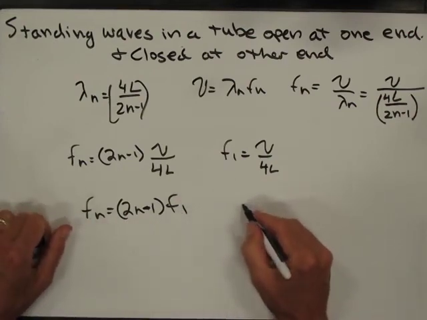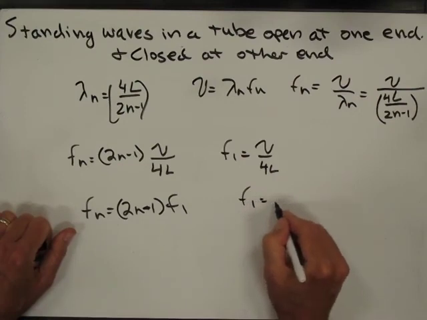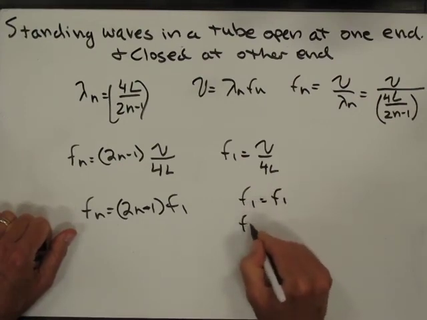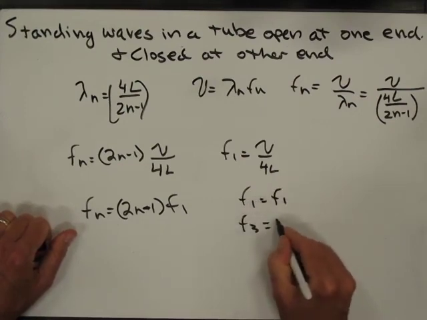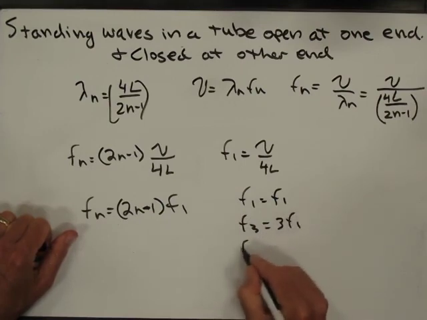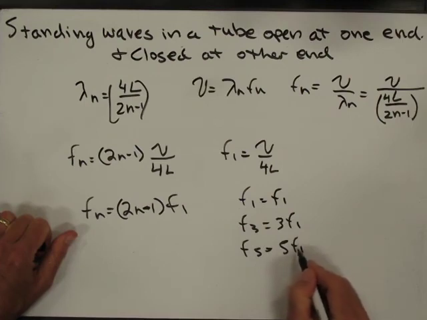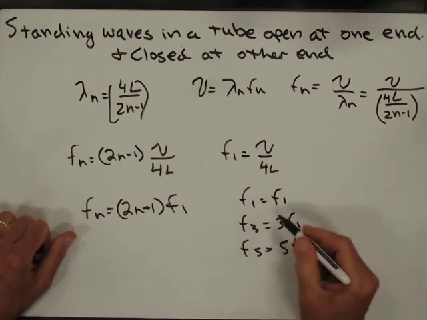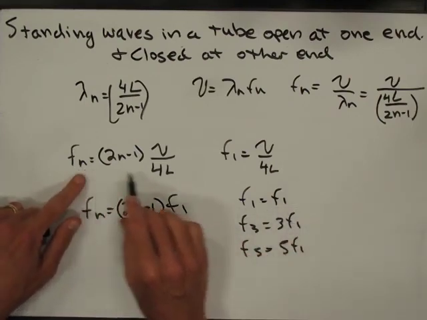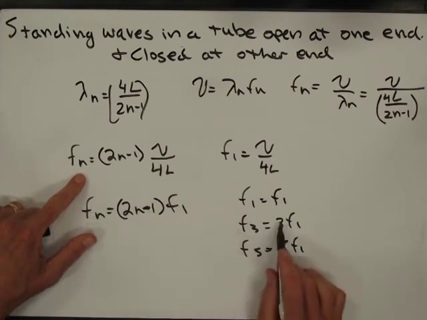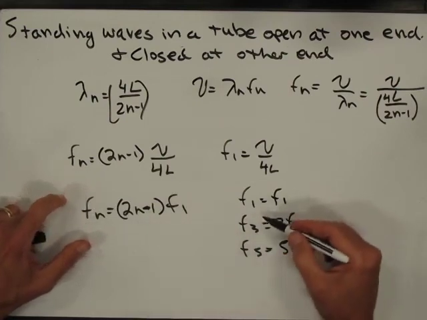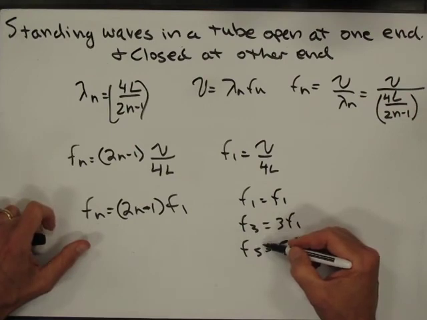They'll say F1 is equal to F1, F3 is equal to 3F1, F5 is equal to 5F1, and so on. So rather than numbering these 1, 2, and 3 and having them come out as 1, 3, and 5, they'll just say there is no second harmonic, there is no fourth harmonic, and so on.